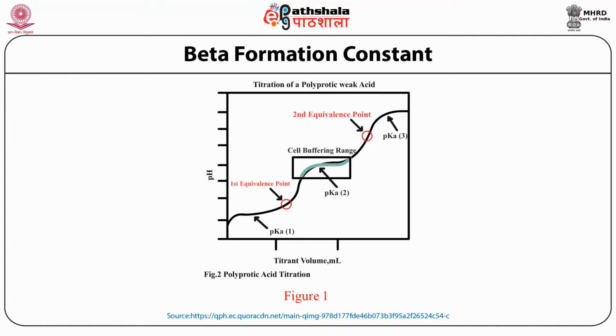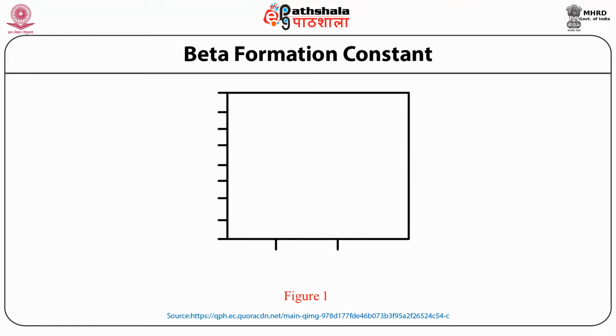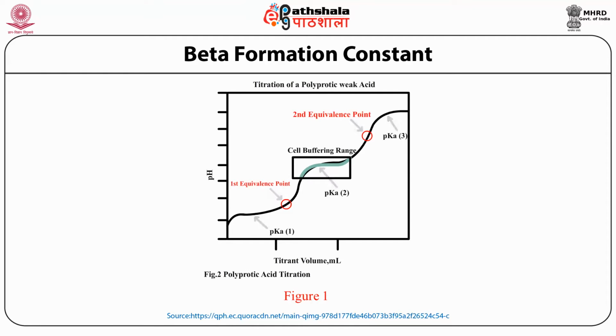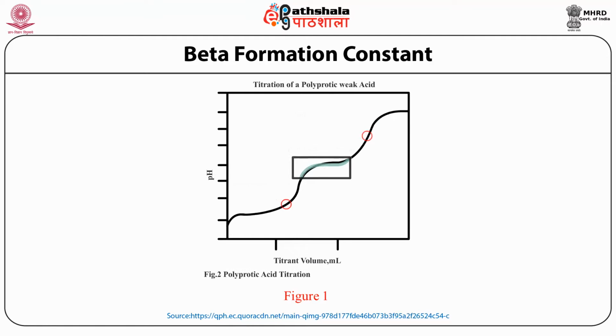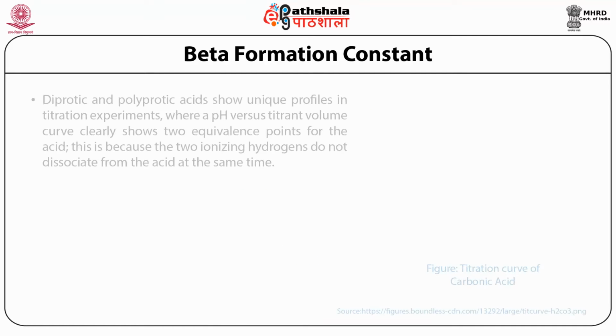You can very well understand that the protons are dissociating: proton 1, proton 2, and it gives the values of pK1, pK2 and pK3 by the dissociation. And we get in this titration two equivalence points: the first equivalence point and the second equivalence point. Two equivalence points are observed.